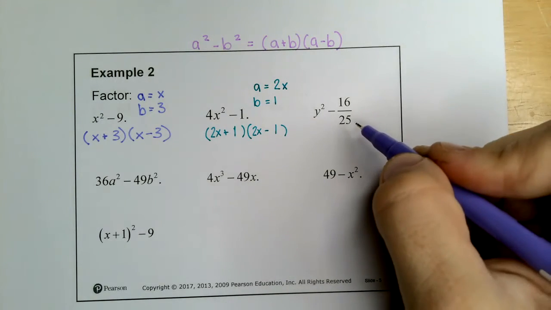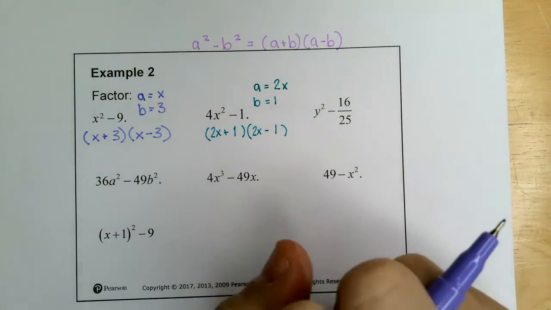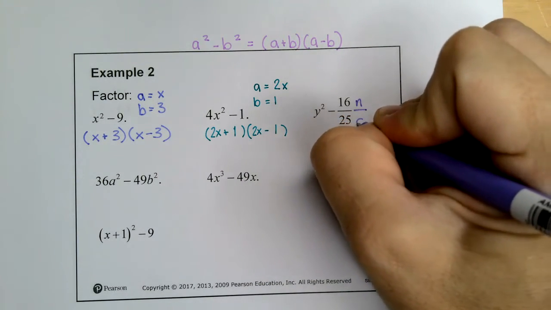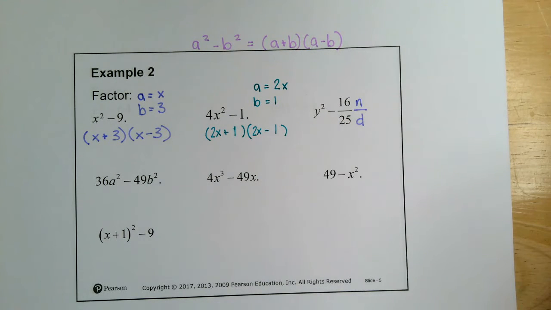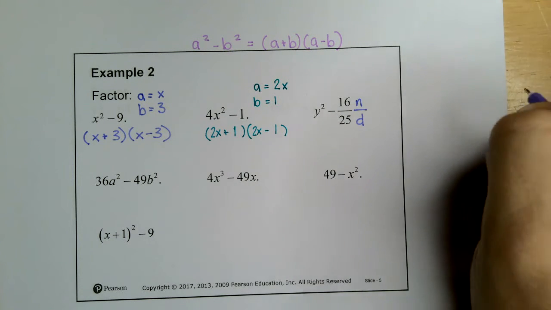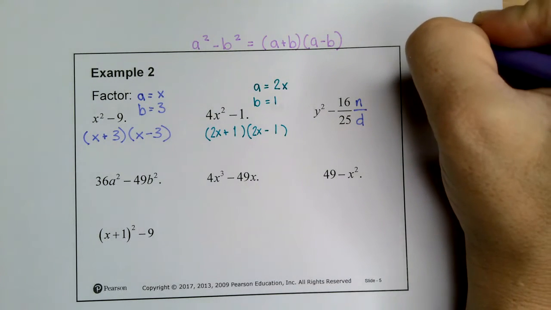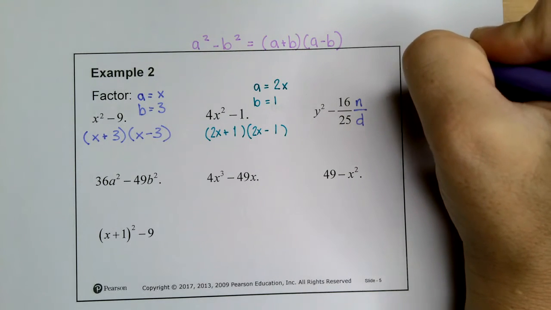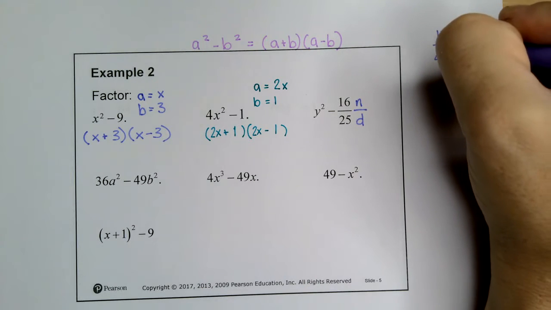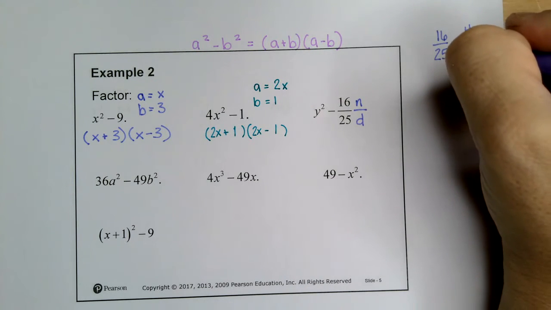This one has a fraction, but a fraction is a perfect square if both the numerator and the denominator are perfect squares as well. Okay, so let's find the perfect square of 16 over 25. The square root of 16 is just 4. The square root of 25 is 5.